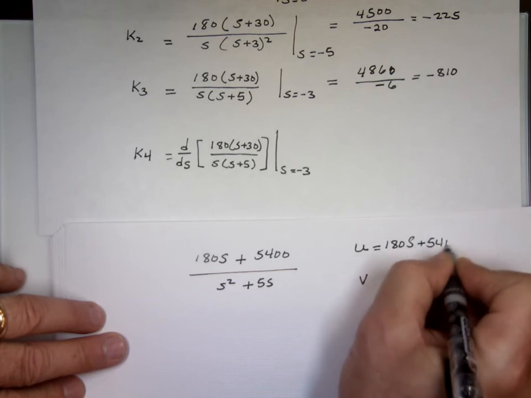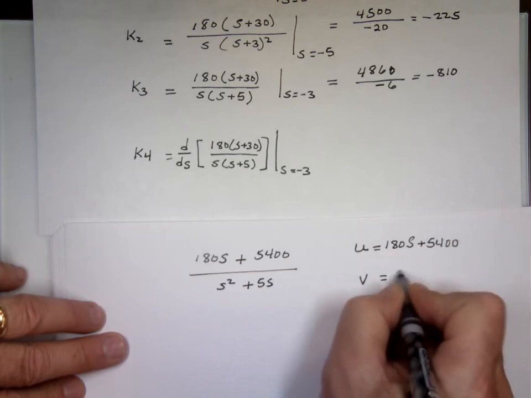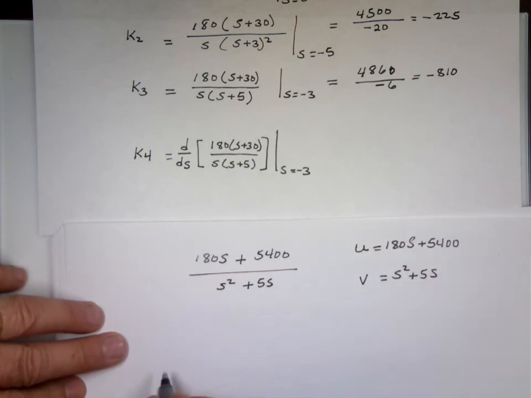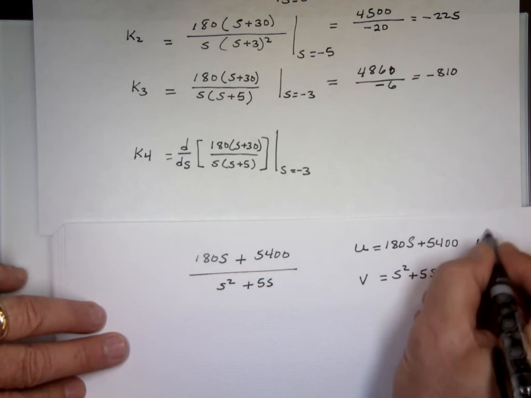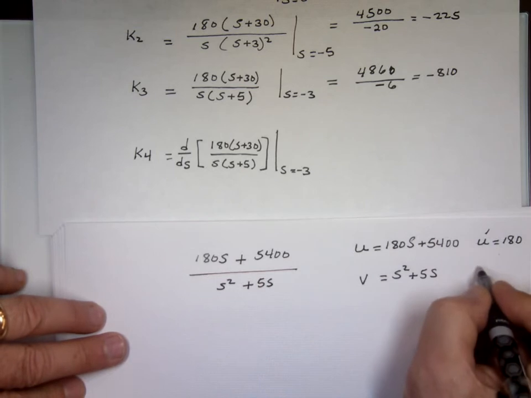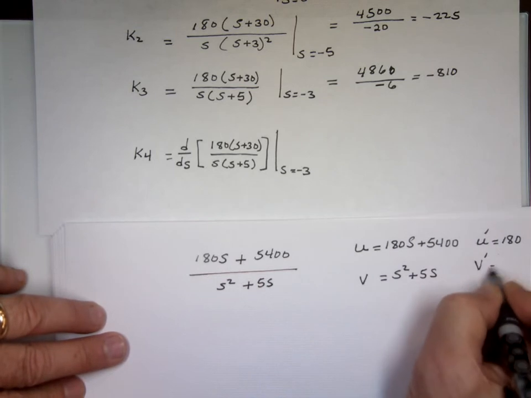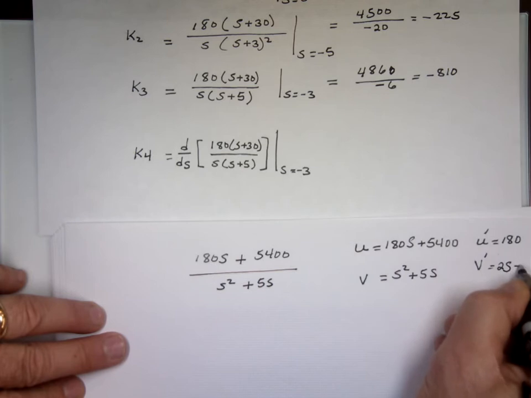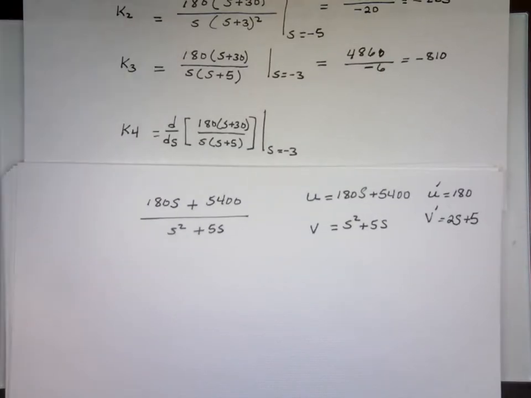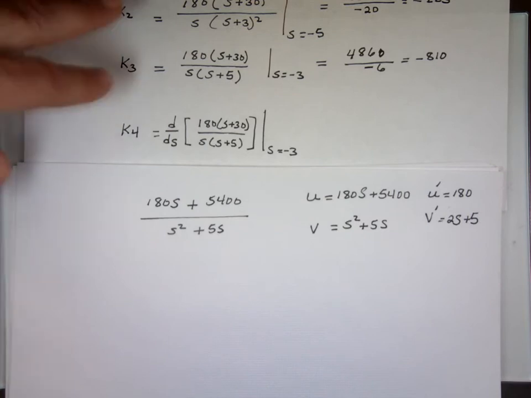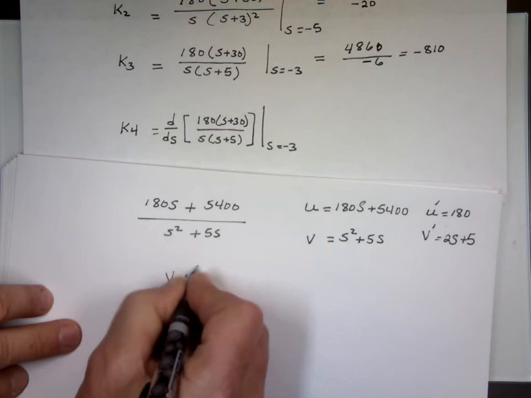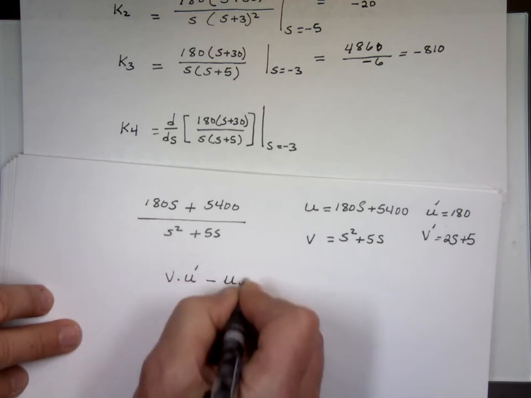V is the bottom, which is s squared plus 5s. You need the derivative of each one. What's the derivative of u? 180. What's the derivative of v? 2s plus what? 5? And the quotient rule says what? The derivative of that is v times u bar minus u times v bar, all of that divided by v squared.